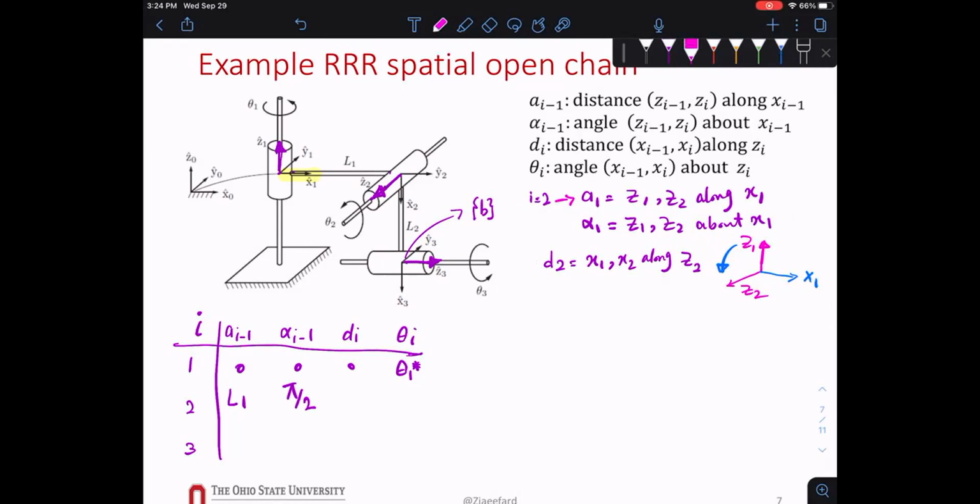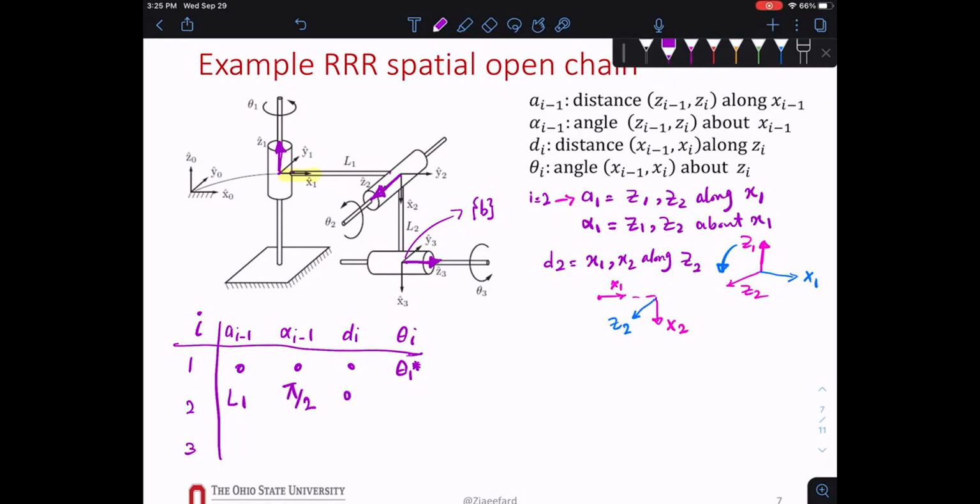I'm gonna draw it outside. Agree? I just grabbed it out. And then we want to find it along Z2. This is your Z2. They are coinciding along that, right? What's the distance? 0. Looking at it, there's a distance in this direction, but we don't care. We care about the distance along the specific axes. So that is 0. They are touching each other, so that would be 0.